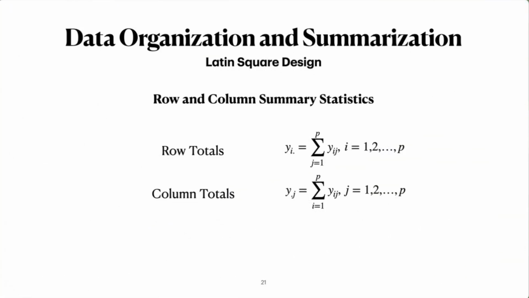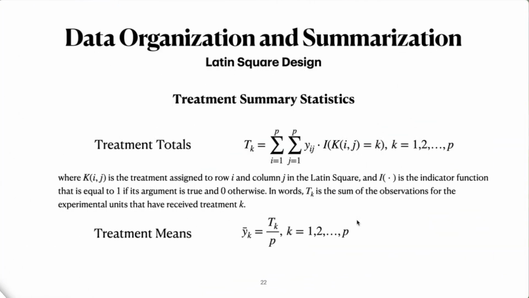All right, then we calculate the row and the column summary statistics. Again, this was represented in that first summary table, where we have both the row totals and the column totals. We also need the treatment summary statistics, the T sub Ks.